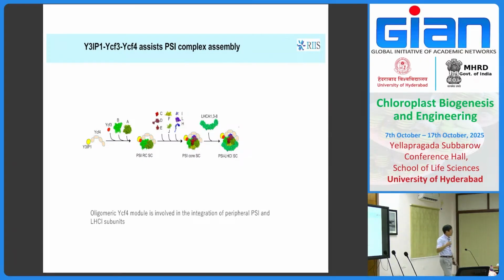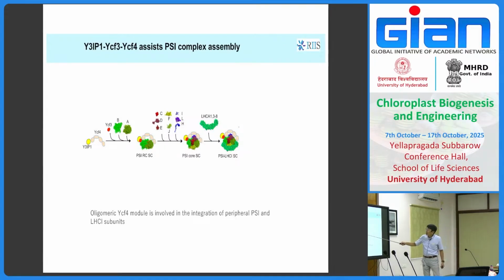I showed the structure of PS1 and the LHC1 tetramer the day before yesterday, probably. For the LHC1 tetramer, there are 2 layers on one side. But there was one dimer, LHCA2 and 9, present on this side. Do you remember that?